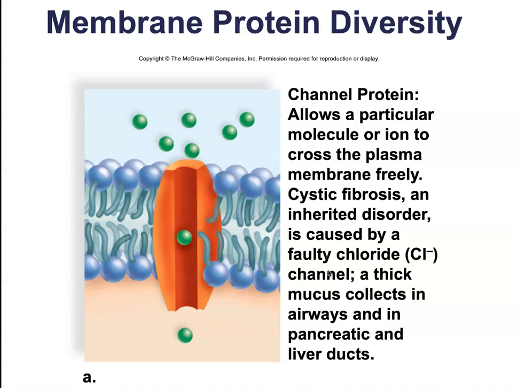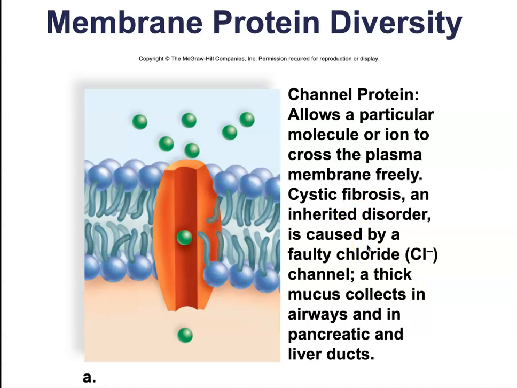Here, again, a channel protein allows a particular molecule or ion to cross through the membrane, because remember, there are many things that cannot cross through the membrane on their own. Therefore, most things will cross through the membrane through channels or through a carrier protein, which we'll mention next. So this is exactly as it says. It's a channel. One example of something related to an ion channel is the genetic disease cystic fibrosis.